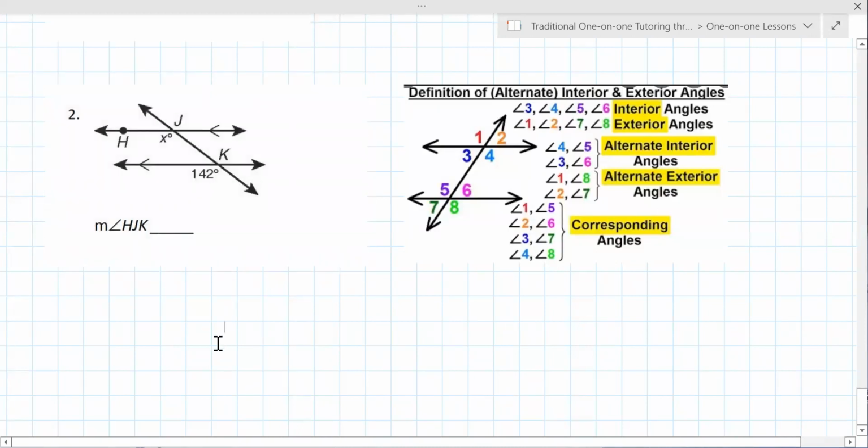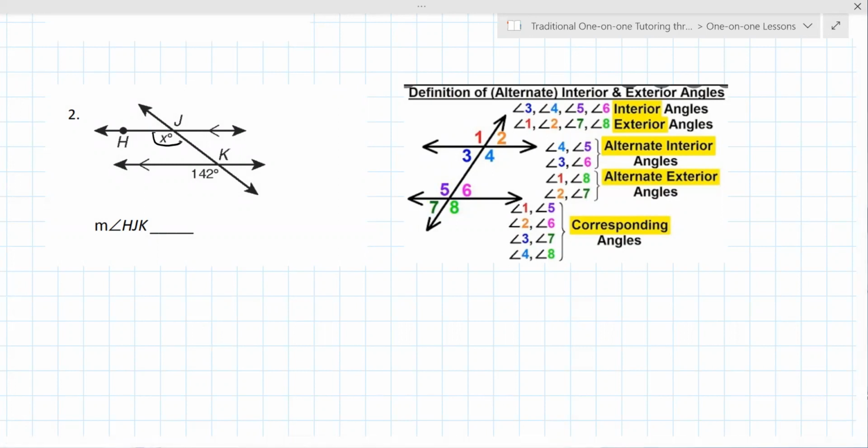But if you're doing A and F, that would be an alternate exterior, correct? No, because they're not in the exterior. A is in the interior. They'd have to both be in the exterior. So if it's on the interior and it's going to F, would that still be just corresponding?